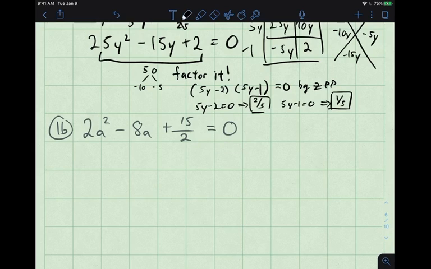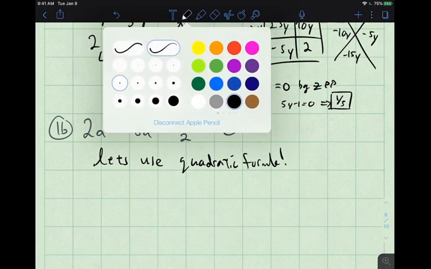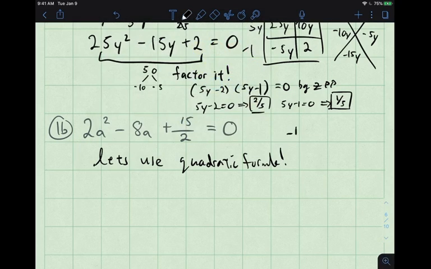You could leave it in. So a reminder on how to use the quadratic formula. This also ends up being factorable. As a reminder for the quadratic formula, negative b plus or minus square root b squared minus 4ac all over 2a.